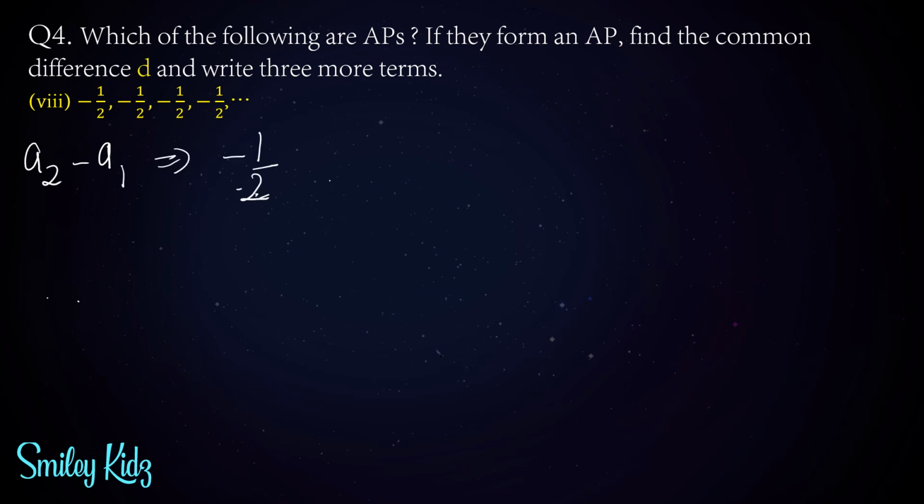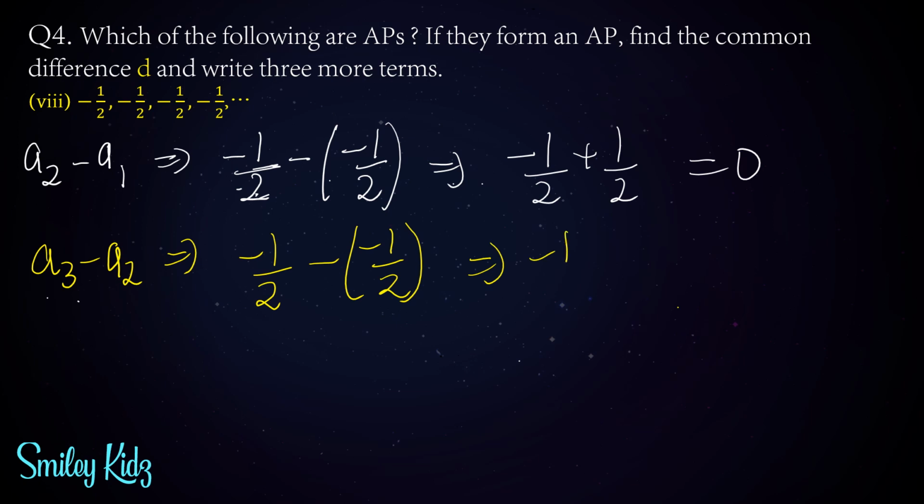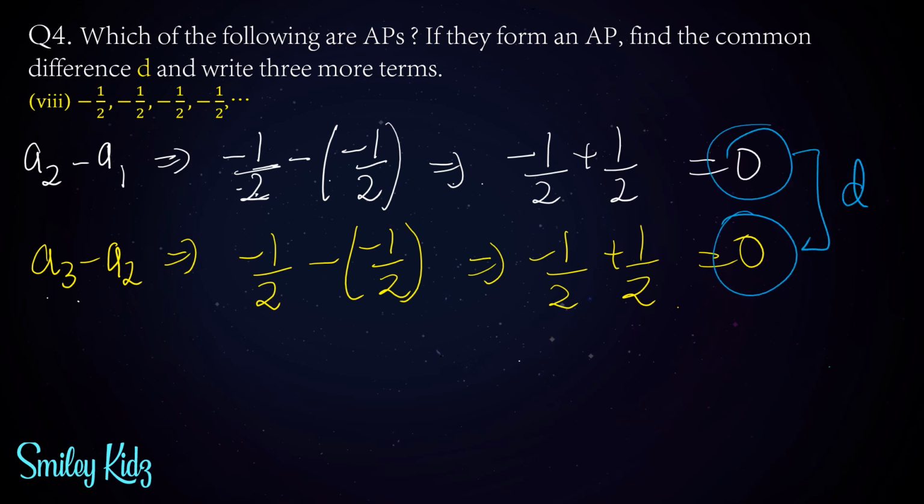Minus 1 upon 2, minus of minus 1 upon 2, which is minus 1 upon 2 plus 1 upon 2, which is 0. Then, let's see the next one. A3 minus A2, which is minus 1 upon 2, minus of minus 1 upon 2 again, which is minus 1 upon 2 plus 1 upon 2, which is 0 again. The common difference is same, right? The common difference is 0. So, it is an AP.